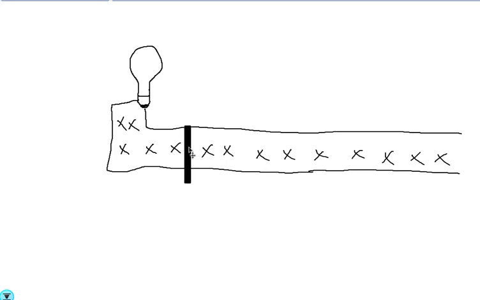And as it turns out, the way this is set up, if I move it to the right, then the current is going to be going counterclockwise through the circuit.